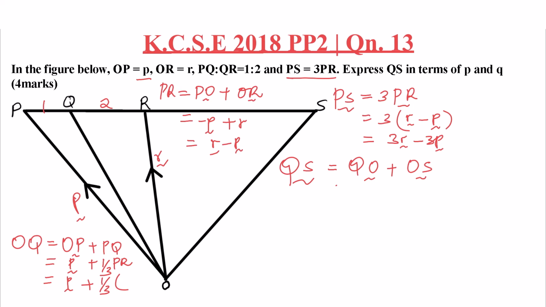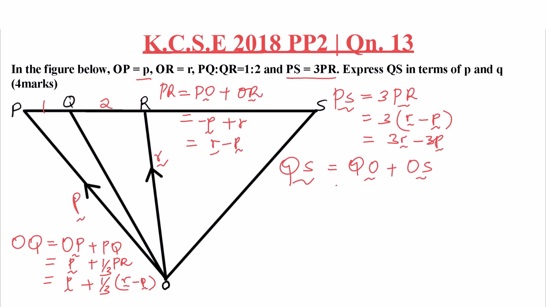We already got PR. Just look at what we calculated when calculating PS, we got PR somewhere, and PR is here. It is r minus p.